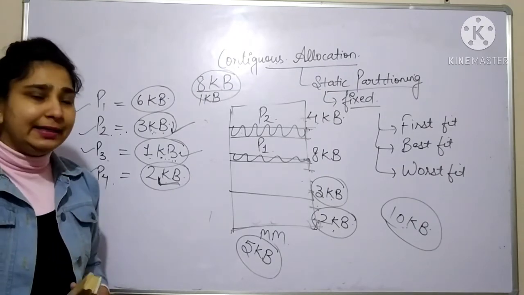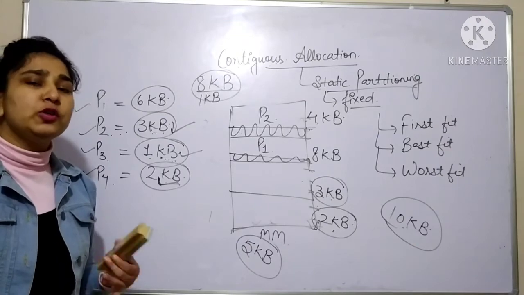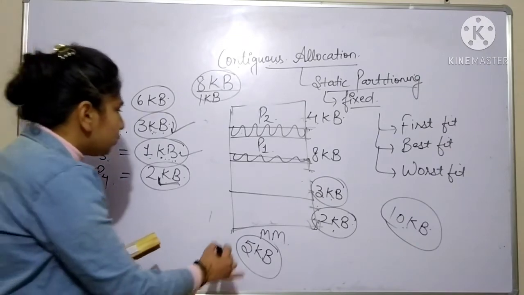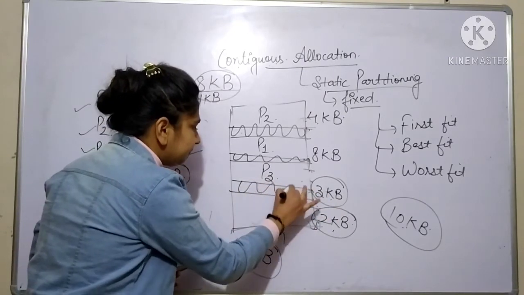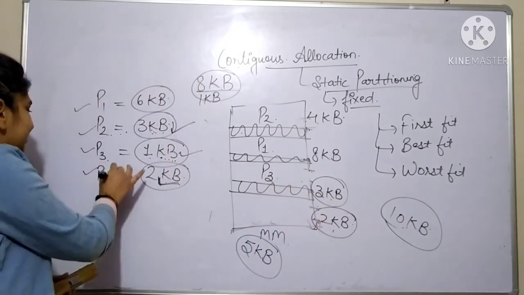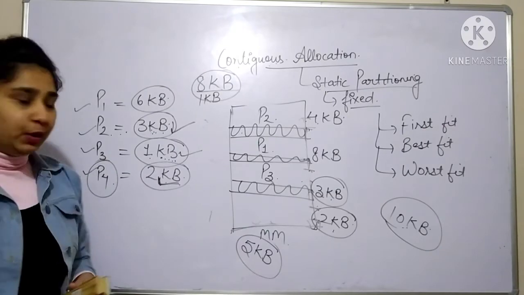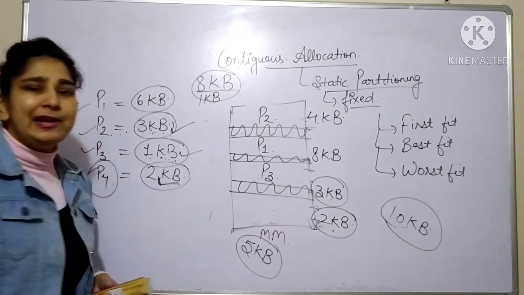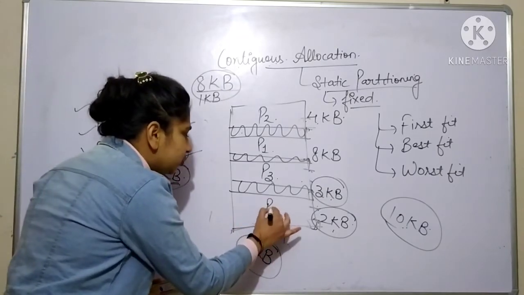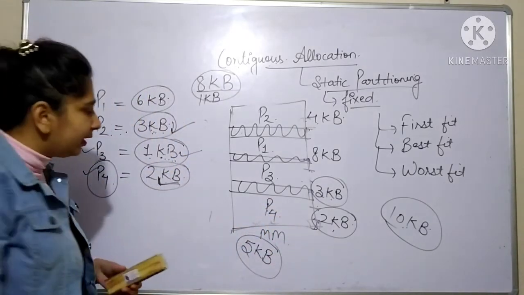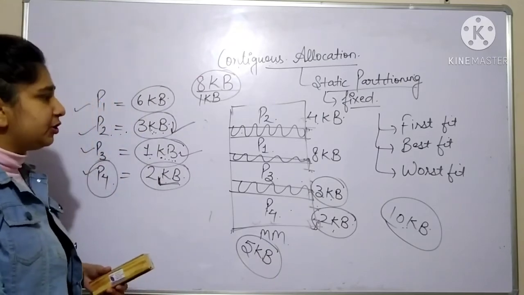In worst fit, I intentionally want more space to be wasted. So I am storing my process P3 in this partition. Next I have process P4. Only one option is left, only one partition is left. So I am storing my process P4 in this 2 kb partition.